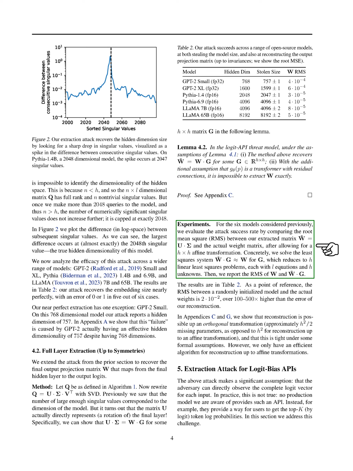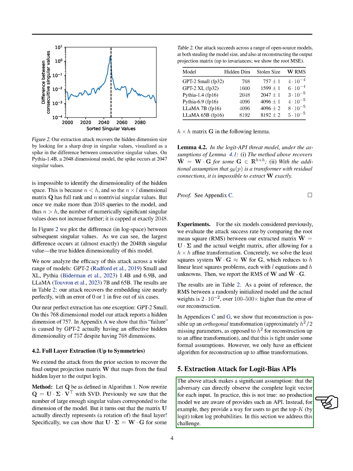The experiments evaluate the attack success rate for 6 models by comparing the root mean square, RMS, between our extracted matrix W̃ = U·Σ and the actual weight matrix, considering an H×H affine transformation. The results are presented in a table, showing our reconstruction error is significantly lower than the error between a randomly initialized model and the actual weights.